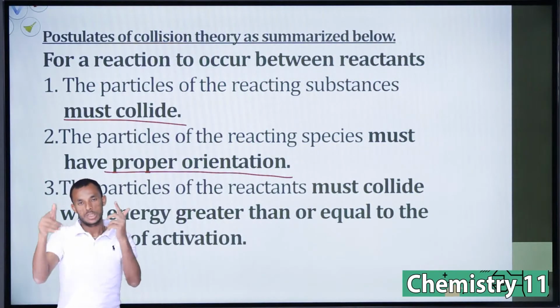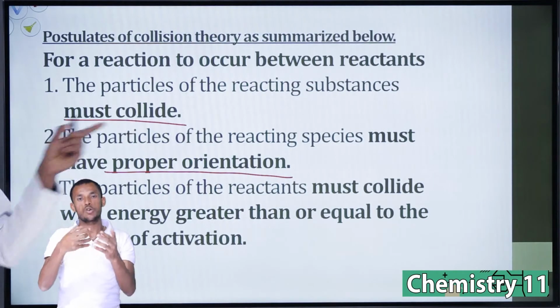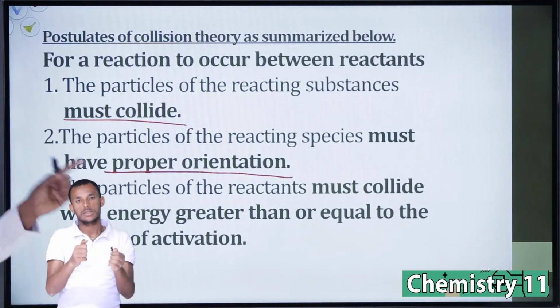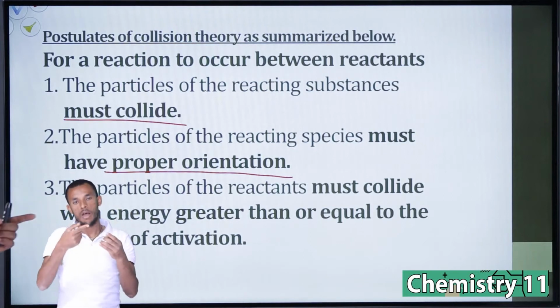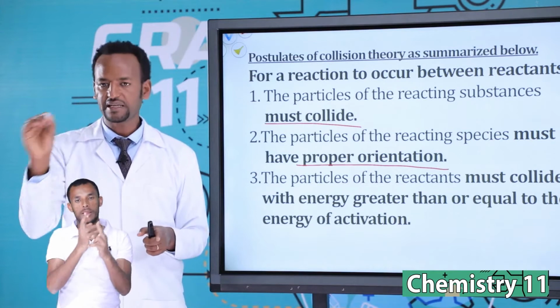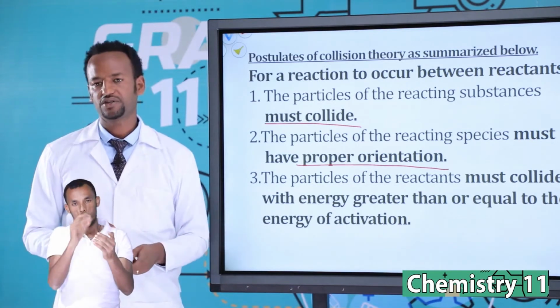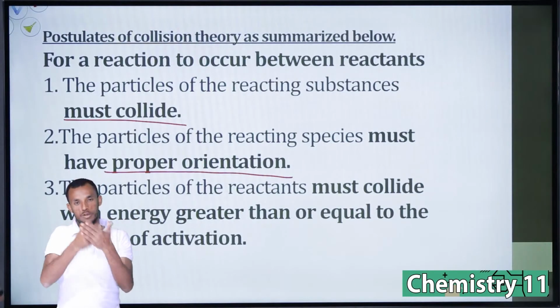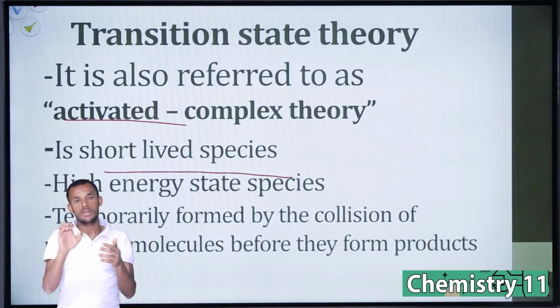Third, the particles of the reactants must collide with energy greater than or equal to the activation energy. This is all about the postulates from the collision theory point of view.